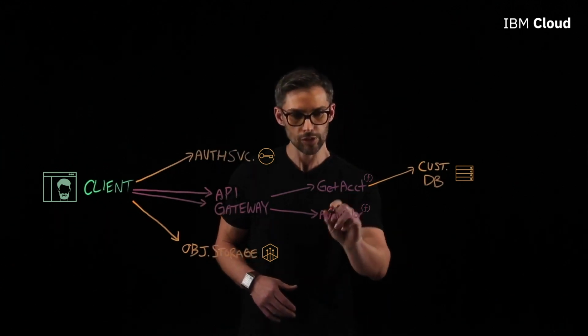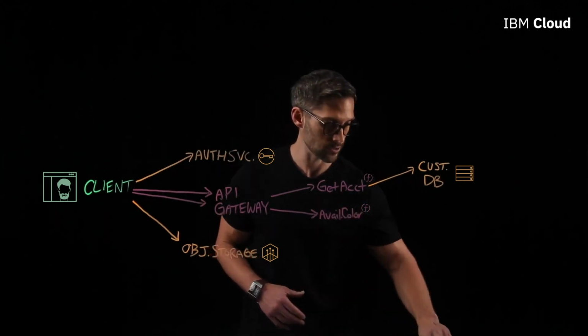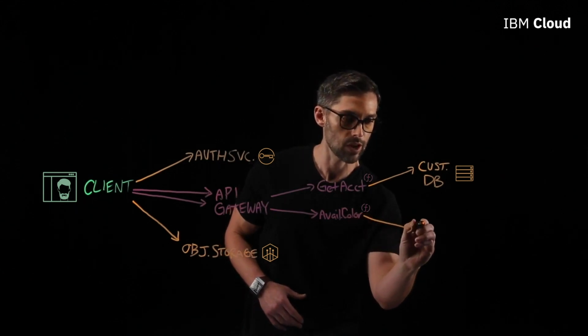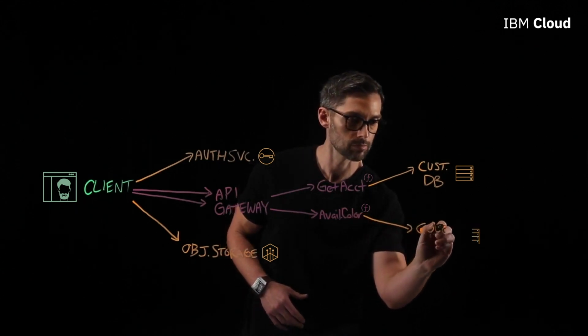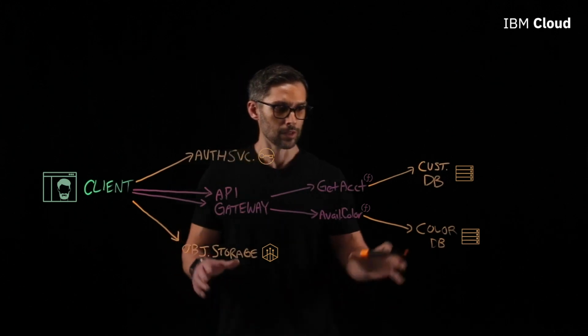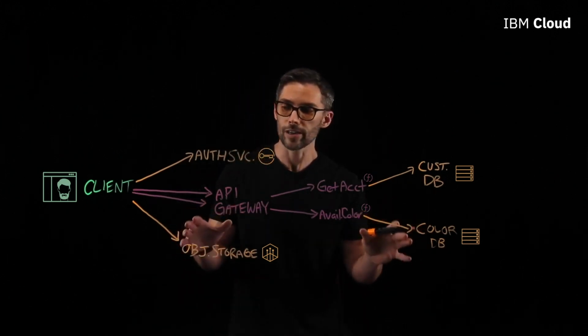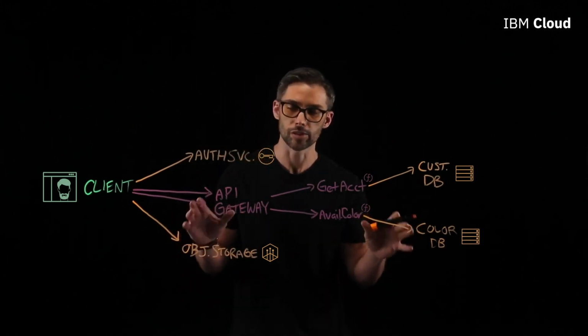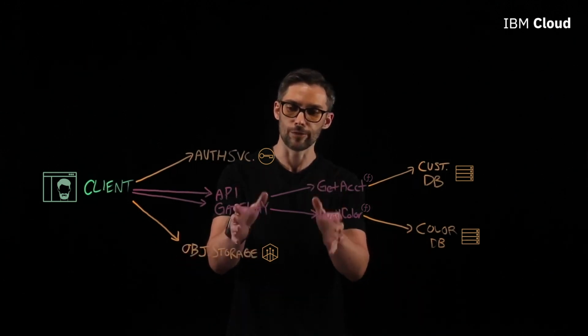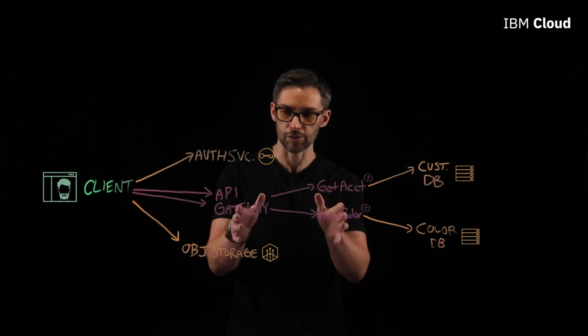Okay, so this function, available color, would go to a separate database, and we'll call this color database, color DB. All right, so this is, again, just a very simplified view into a serverless application architecture. And I mainly want to focus in on the function as a service functions right here.